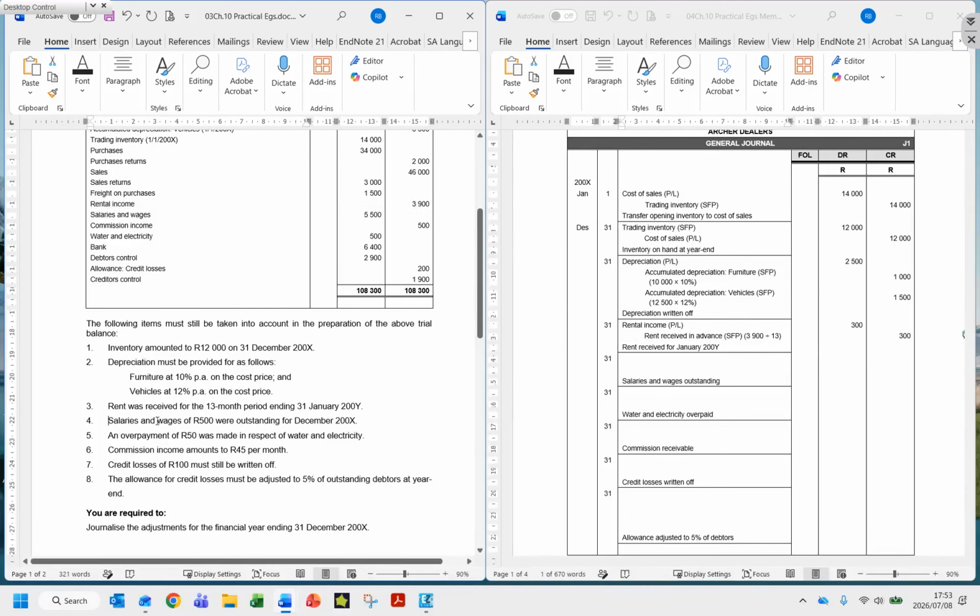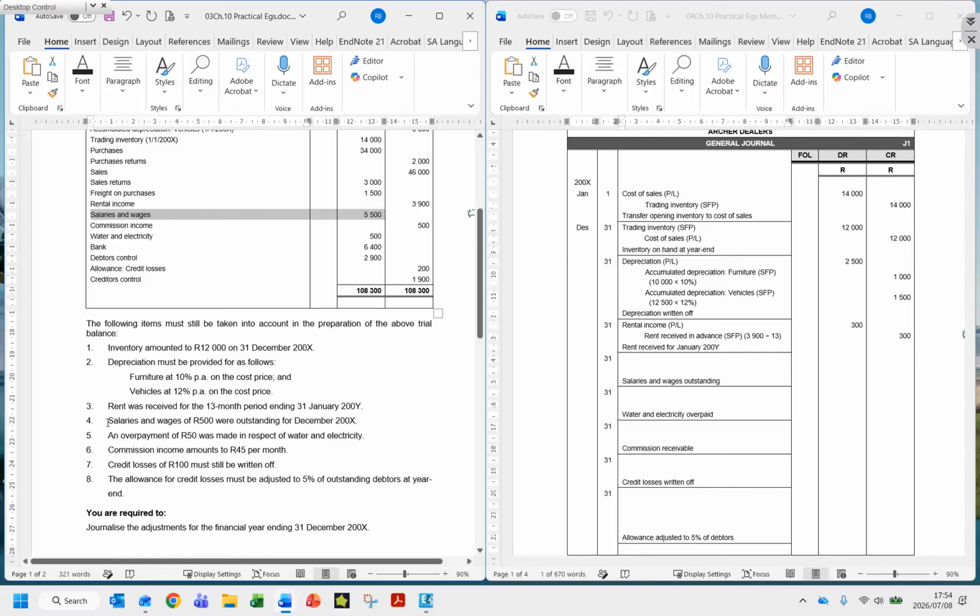Then number 4, salaries and wages of 500 Rand were outstanding for December. Remember when your financial year is January to December 2000X. Now it tells you you haven't yet paid salaries for December of 500 Rand. So in your salaries and wages account in the trial balance, there's 5,500 Rand.